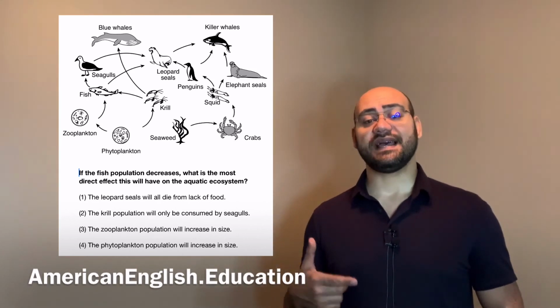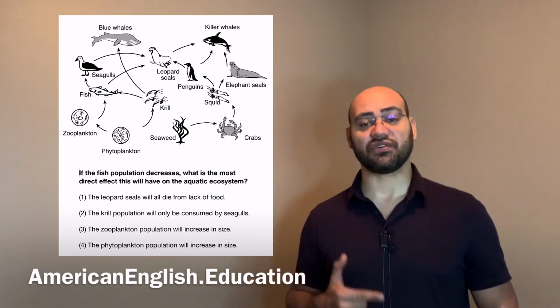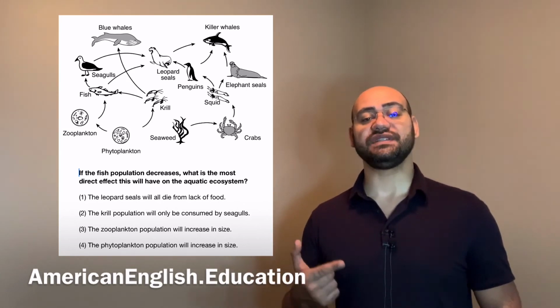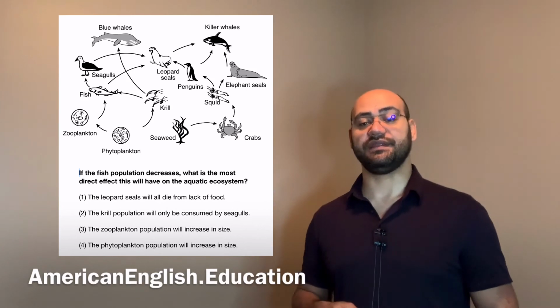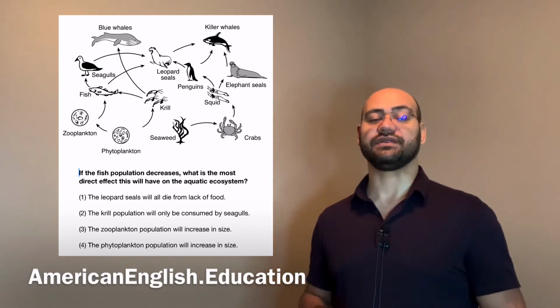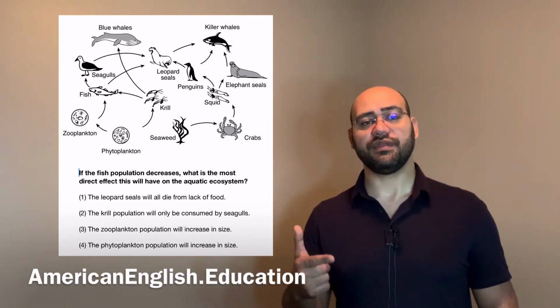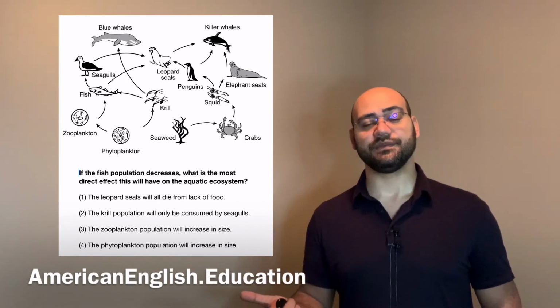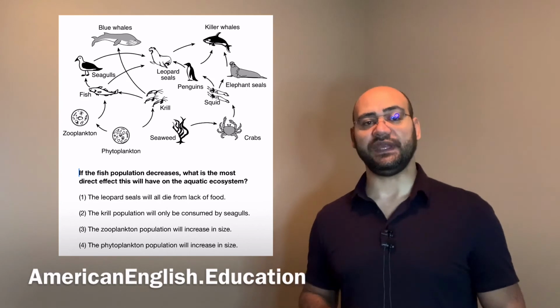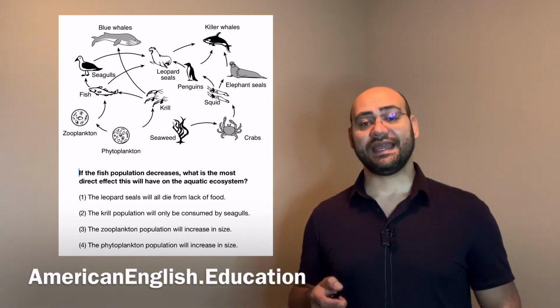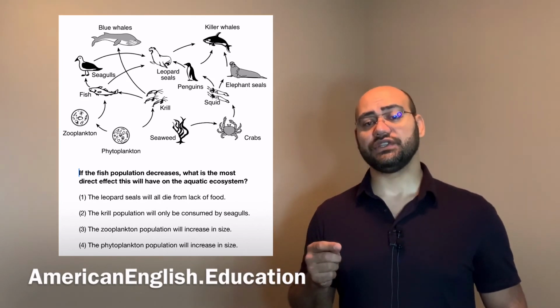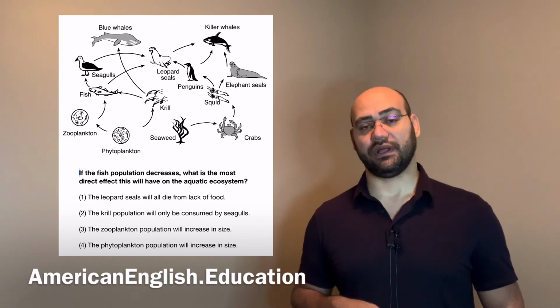Because it says if the fish population decreases, what is the most direct effect this will have on the aquatic ecosystem? Which basically means what's going to happen to those animals or organisms that the fish used to feed on. Okay? Again, focus on zooplankton as well as krill.